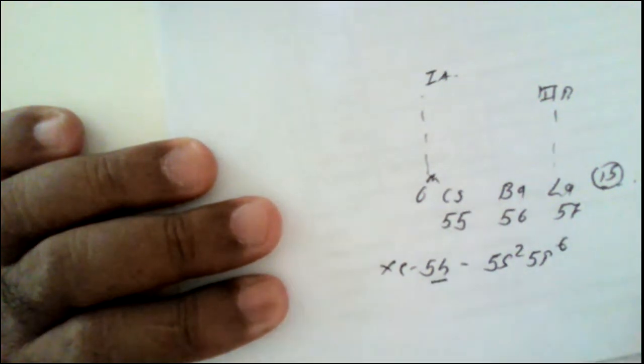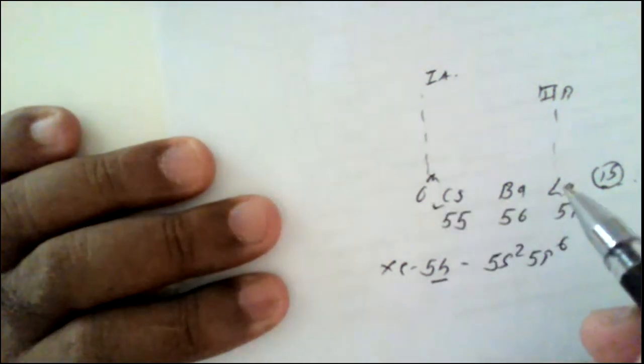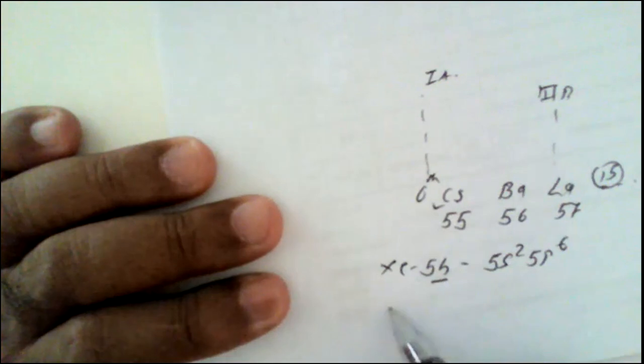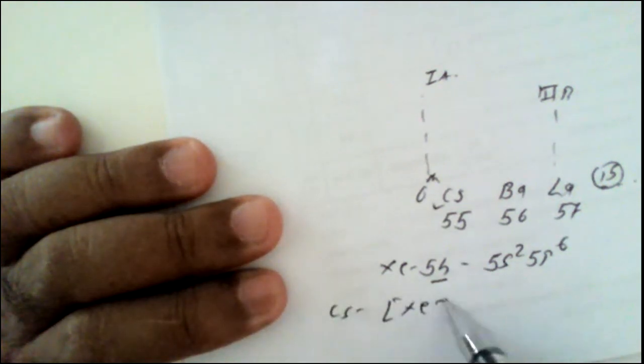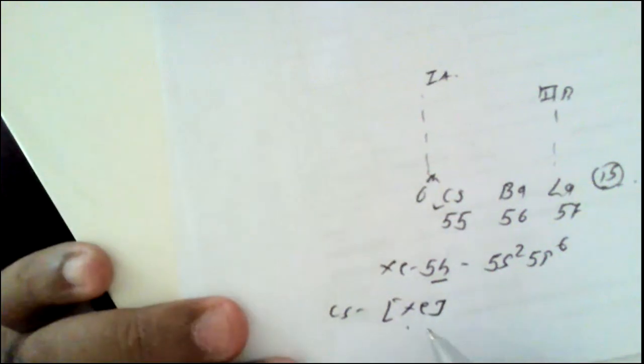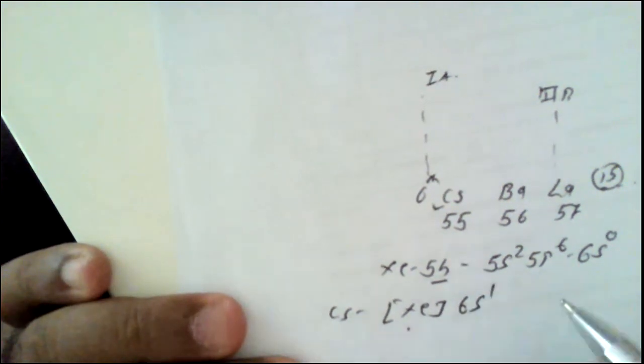So total number of electrons is 54. Now if we want to write the electronic configuration of cesium, then in terms of xenon core, we can write xenon, which accounts for 54 electrons, and after this the next energy level available after 5p is 6s, so we can write 6s1.